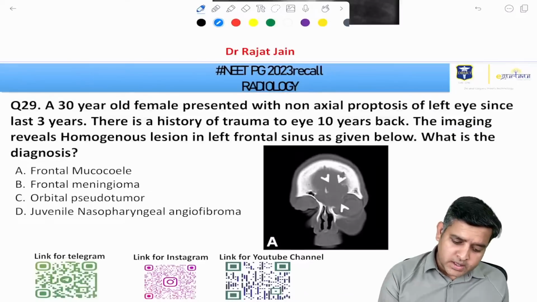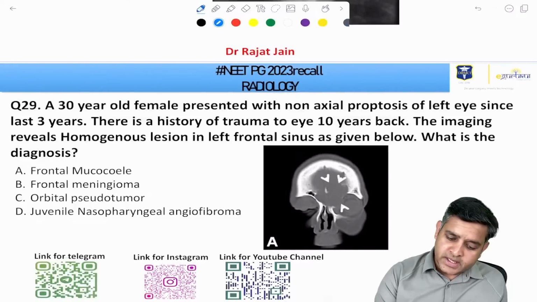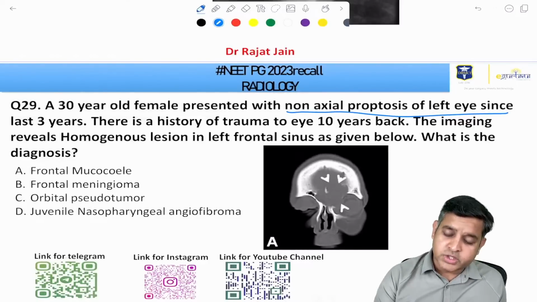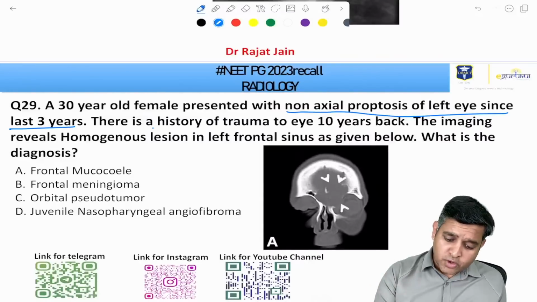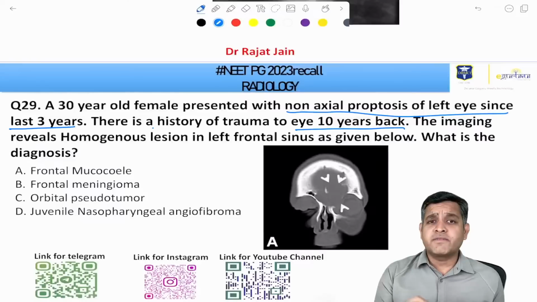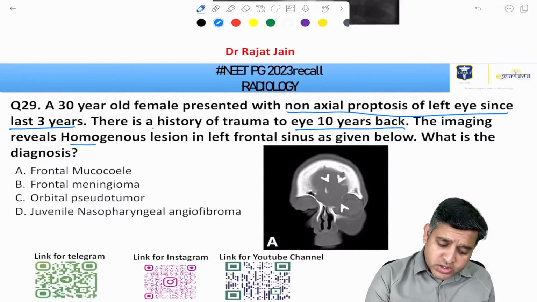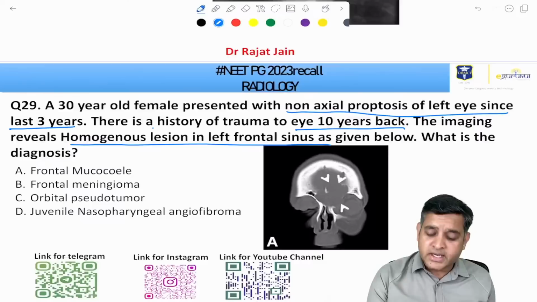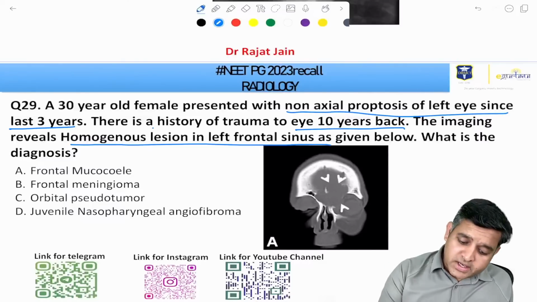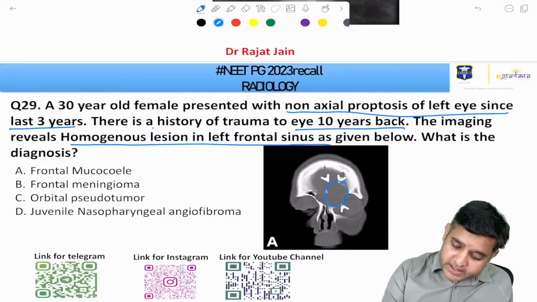29. A 30-year-old female presented with non-axial proptosis of the left eye since last 3 years. There is a history of trauma to the eye 10 years back. See, everything that is given in the question has a reason. The imaging revealed a homogeneous lesion in the left frontal sinus.